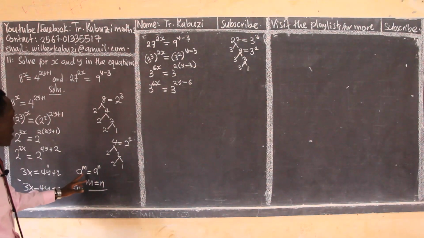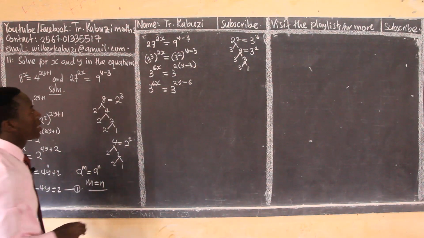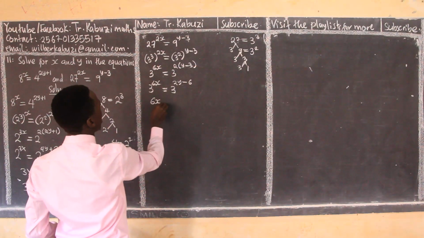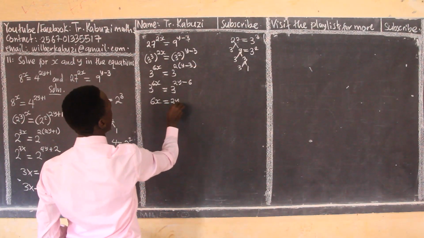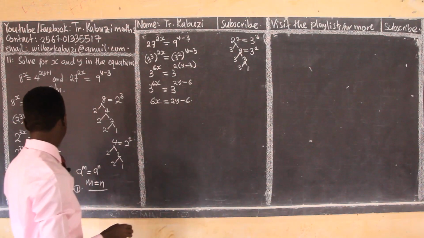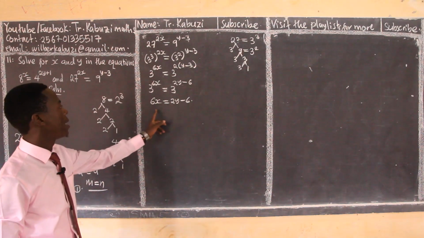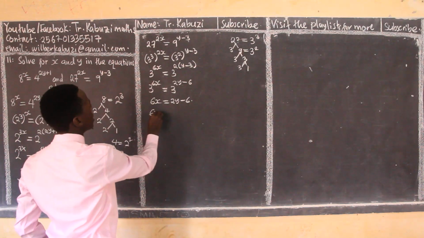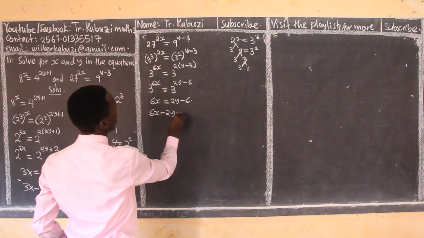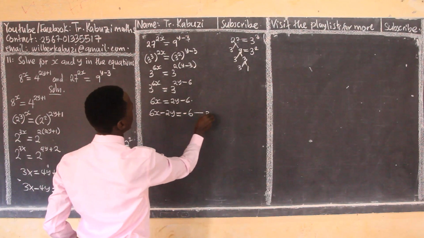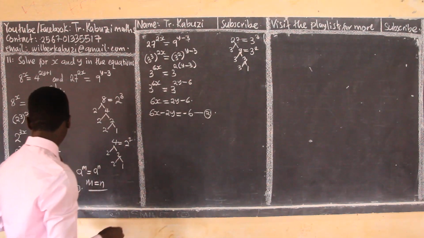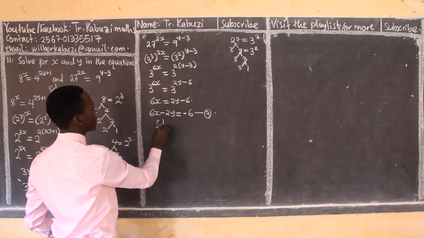Still we apply this property: if bases are the same, the powers are equal. So I have now 6x equaling 2y minus 6. Now it's better you bring this side. I have 6x minus 2y equals negative 6, and this becomes our equation 2. Now we solve 1 and 2.